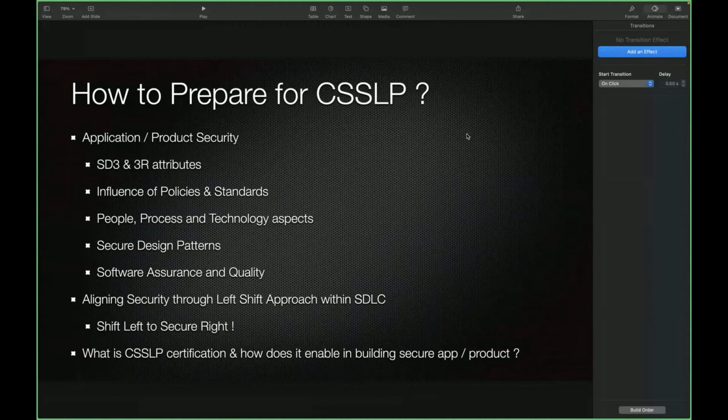If you were to align this with security, it is important to have this approach of left shift. So what is left shift, team? Generally, in the development life cycle, as per the NIST standard, it starts with the initiation phase, which is the first phase.